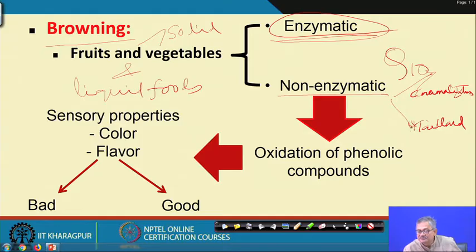I'm sorry about the writing with the pen, hopefully it is understandable. So these two we divide: one with caramelization and another with the Maillard.